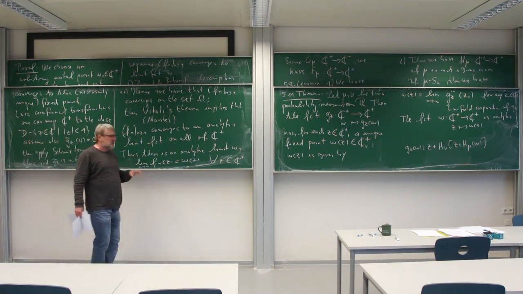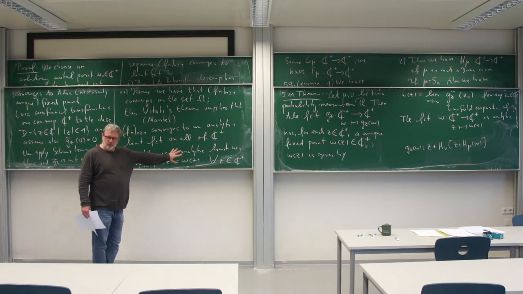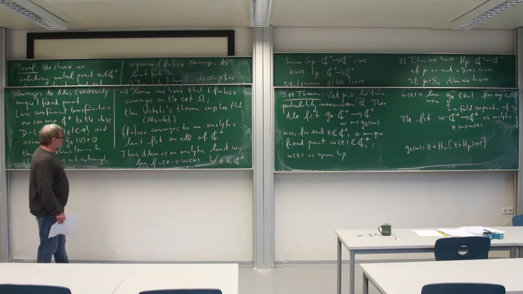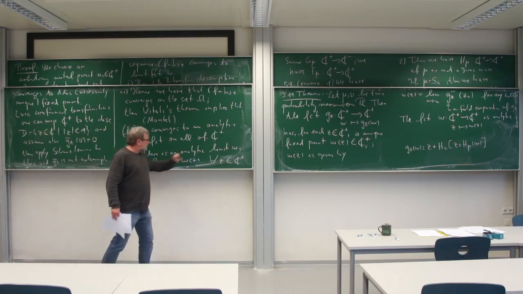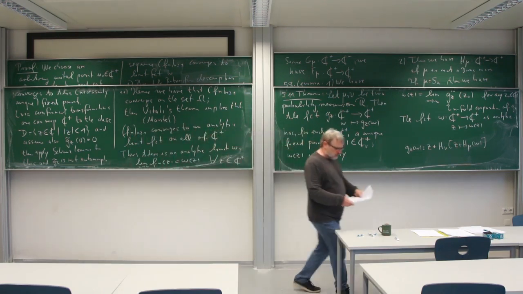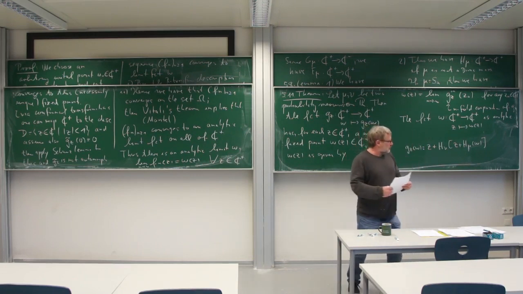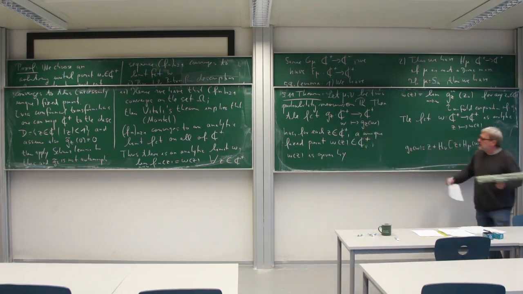So you have to exclude that somehow you get a constant function in the limit. Okay, but this can be excluded because we know this is not constant, and so this means we really have here a function omega from C plus to C plus. We are not touching the boundary because of this limit. The limit could live on the boundary, even if all the elements are inside the set. So this is something which one also has to exclude, but which also follows from the usual theorems. Good. Okay. So we write this down here.